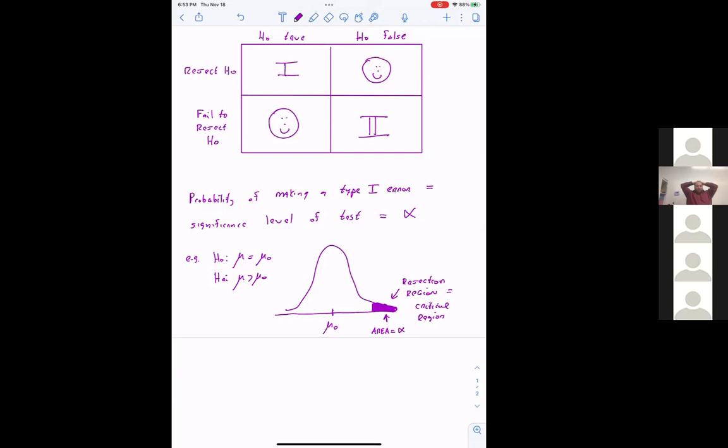Something greater than mu naught. Do I know what it is? No, it could be anything bigger than mu naught. Which means, while I know it's bigger than mu naught because the null hypothesis is false, I don't know what it is.